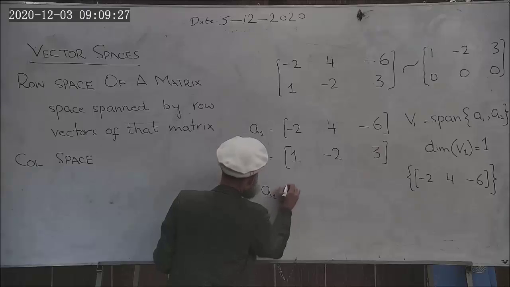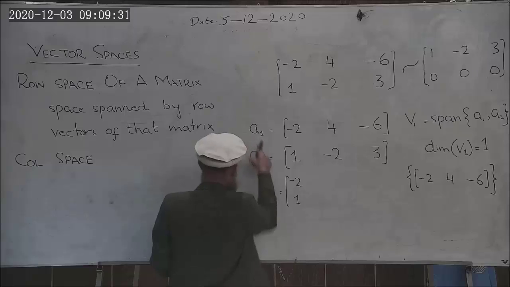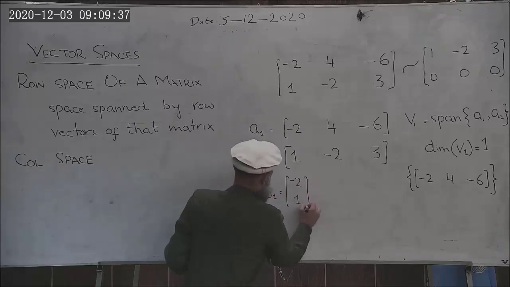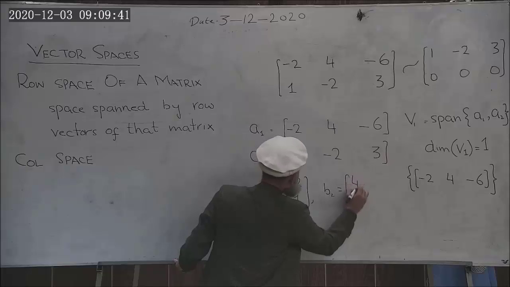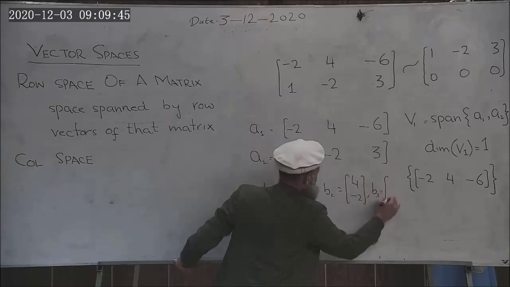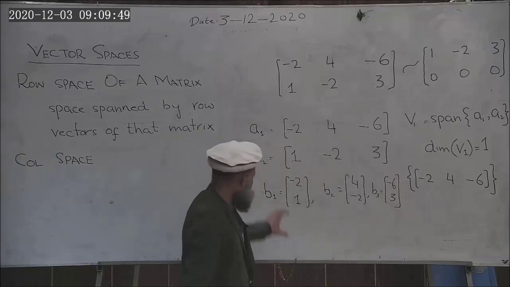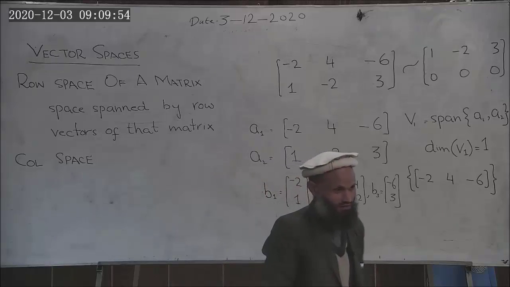Let's name them. This A1 is different from the earlier A1, so let's call it B1. B2 is this one. B3 is -6, 3. The space spanned by these 3 vectors is a vector space.